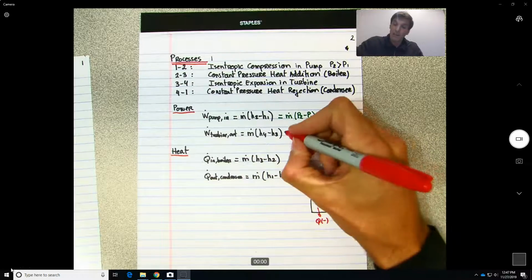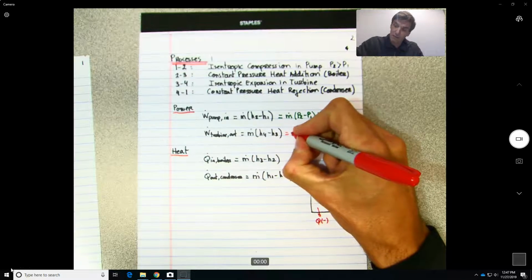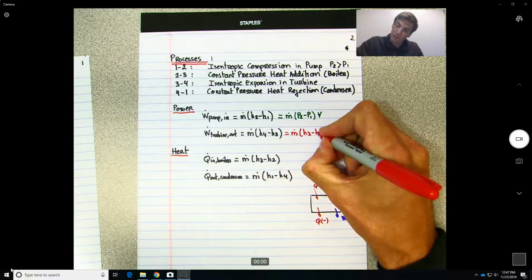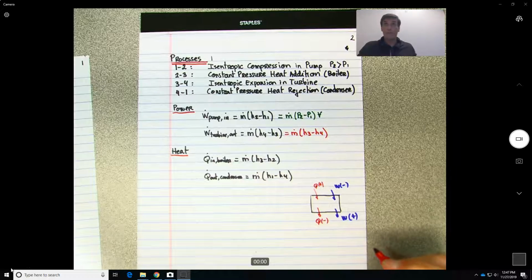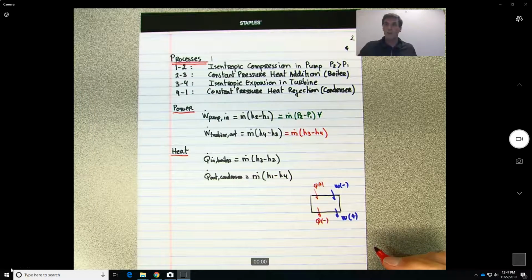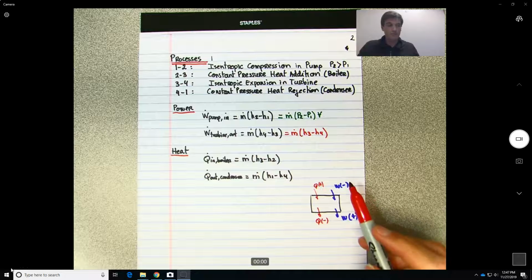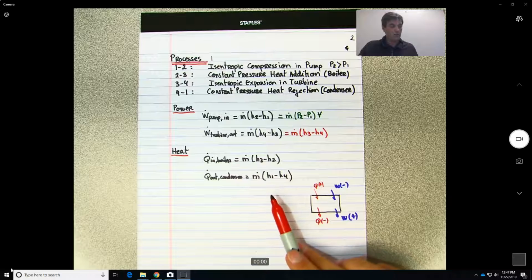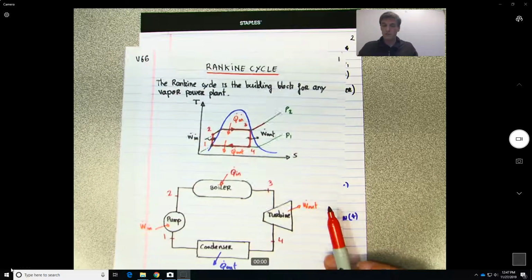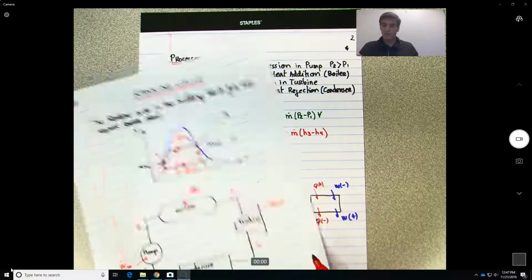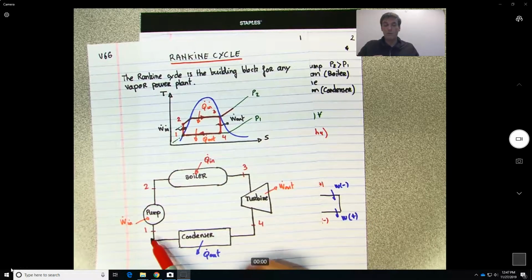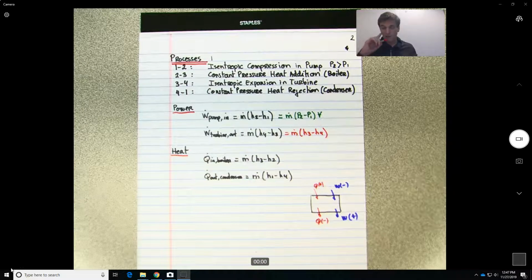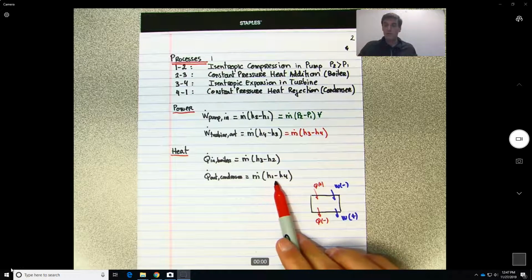So again, if we don't want to make any mistake, rewrite this as m(H3 minus H4). And we have to do something similar for the heat, for the Q out. Here we have H1 and H4. H4 will be hotter, so we'll have more enthalpy than H1, so the other way around, sorry.